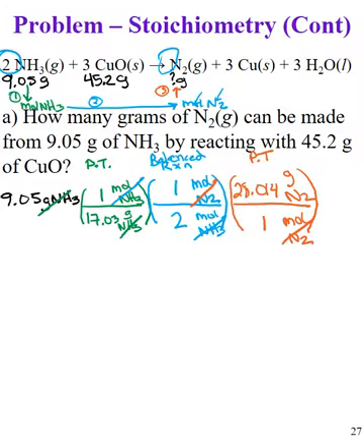Moles of N2 cancel off. And we are left, if we do the math, so in your calculator, you would put the top in parentheses, divided by the bottom in parentheses, with 7.44 grams of N2.